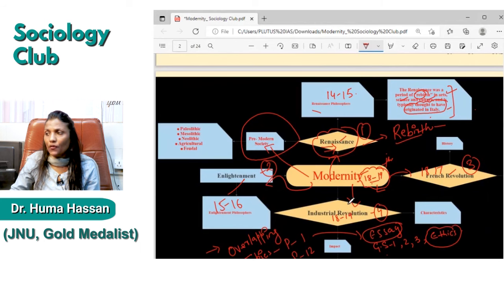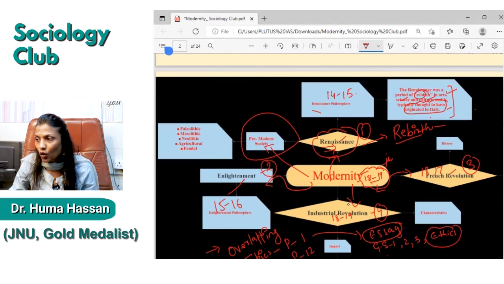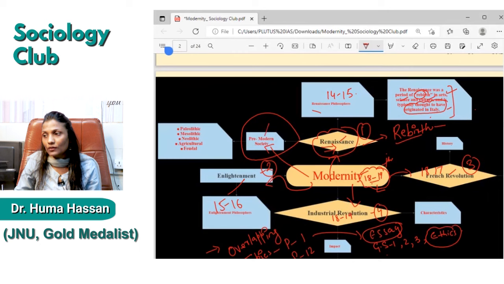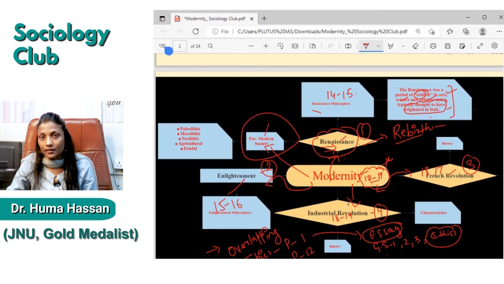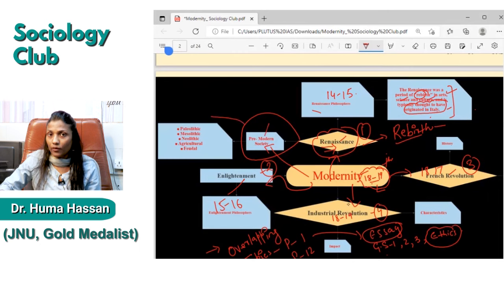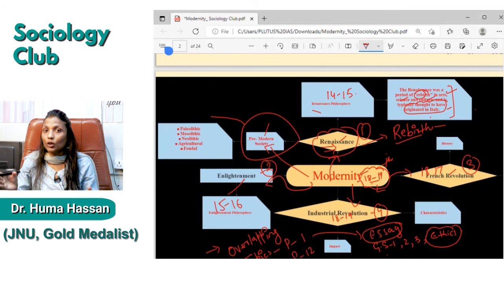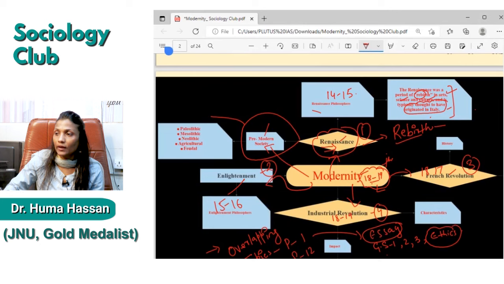So before the Renaissance, you should have at least a little understanding of what pre-modern society is. Here is the interconnection of your understanding with the comprehension you have developed from the discipline of history.